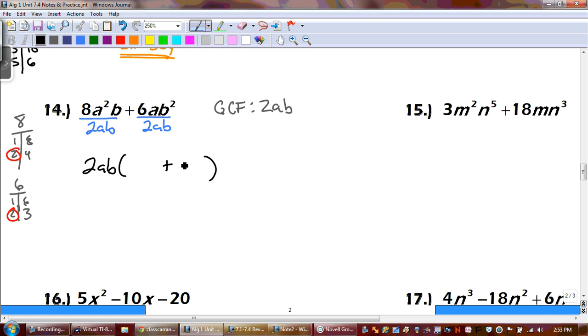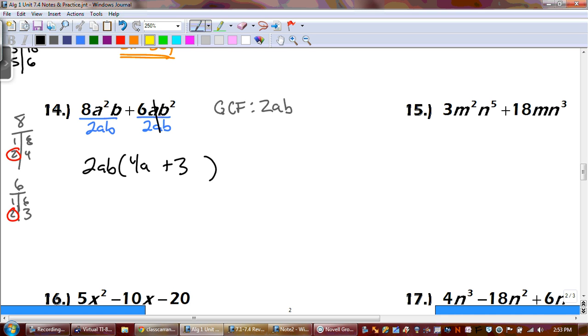We have a plus sign in between. Okay, 8 divided by 2 is 4. A squared divided by A is A. And then our B's, those cancel out. Okay, and now 6 divided by 2 is 3.